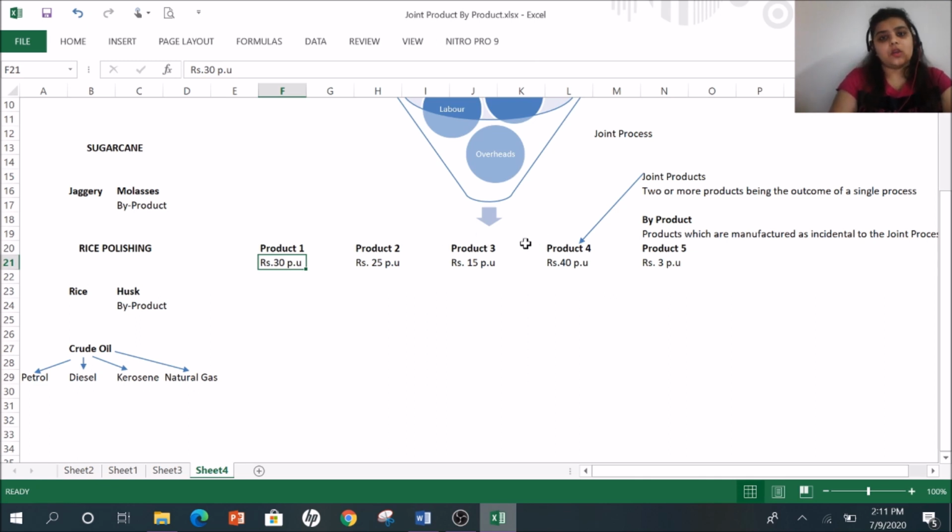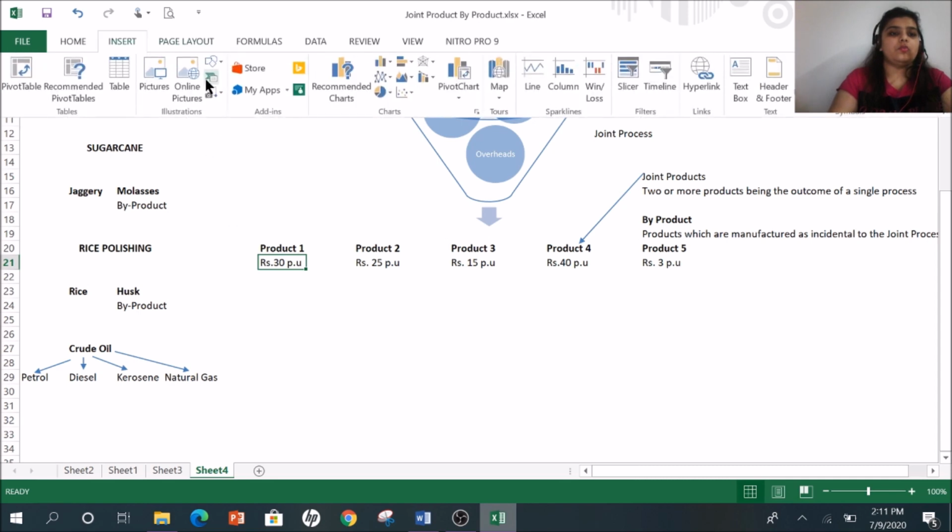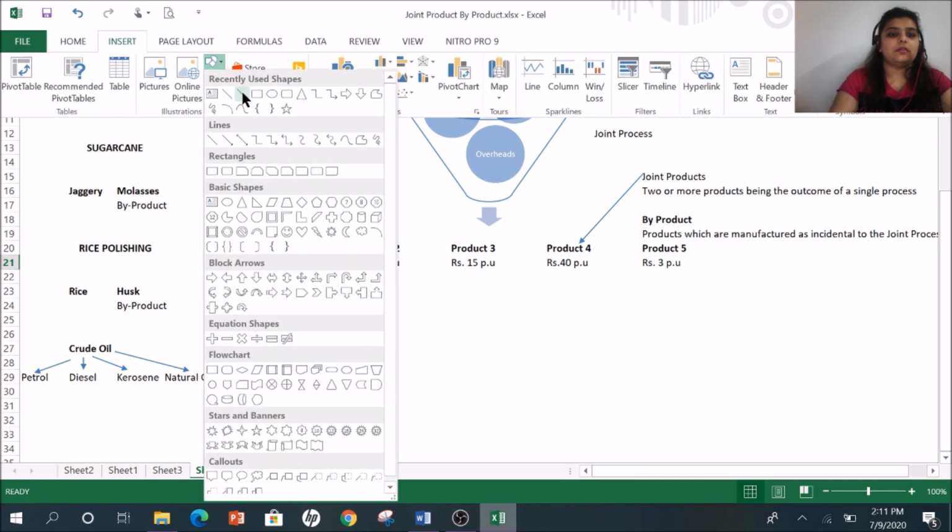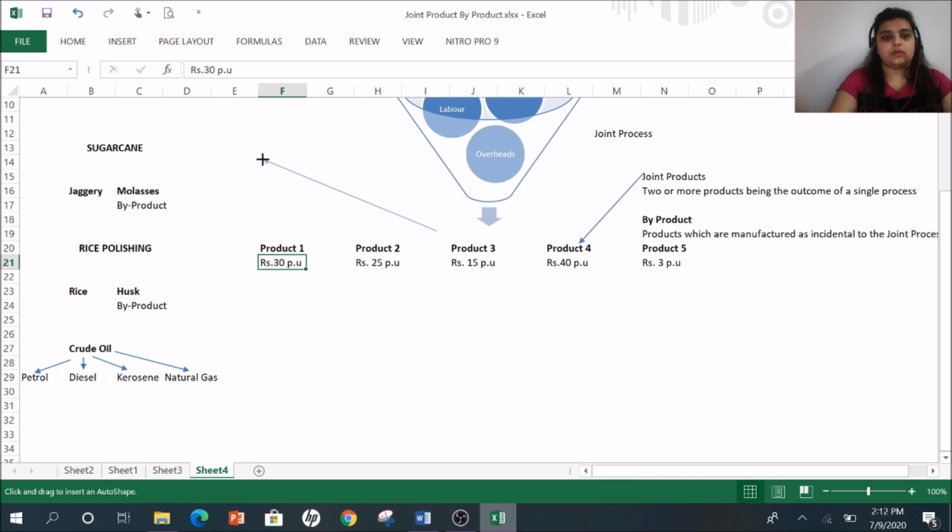This point where they get separated is known as the split off point. The end of the process where these products get separated is known as the split off point.